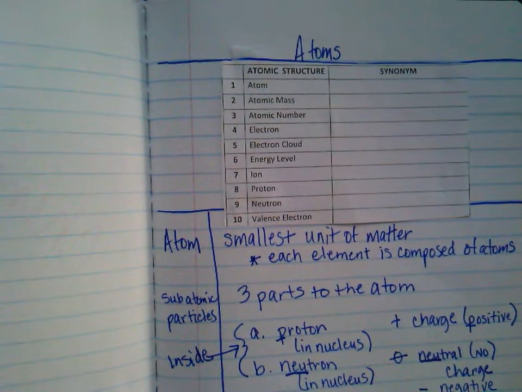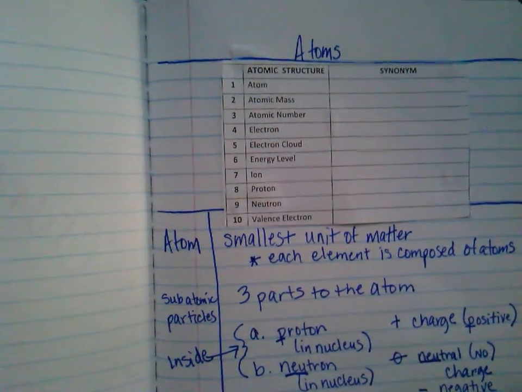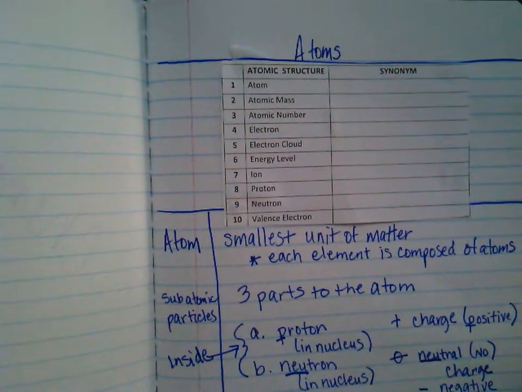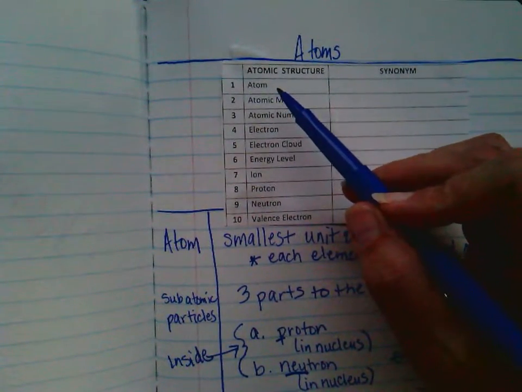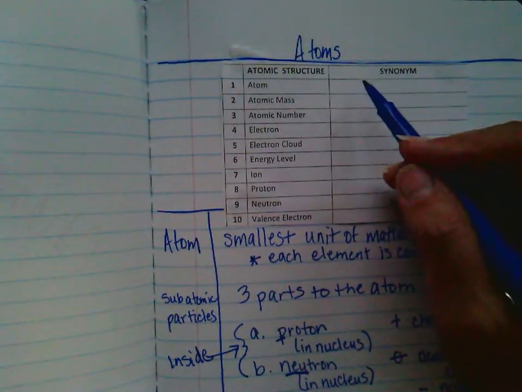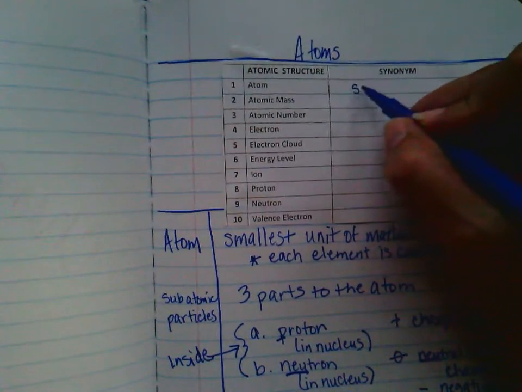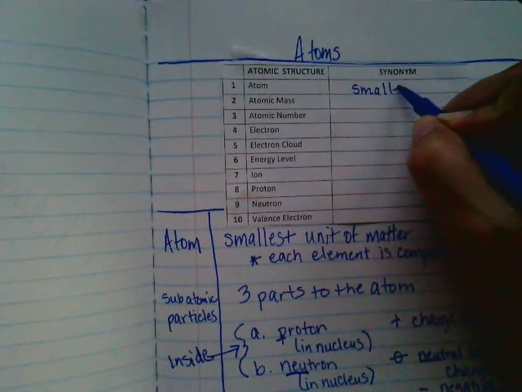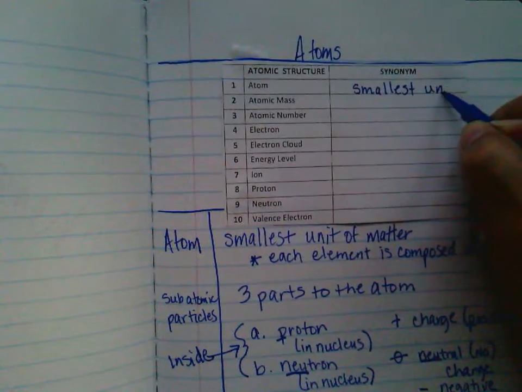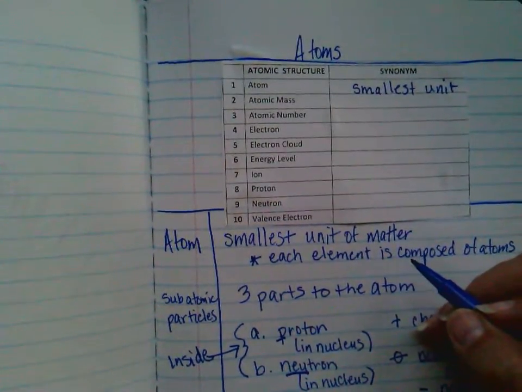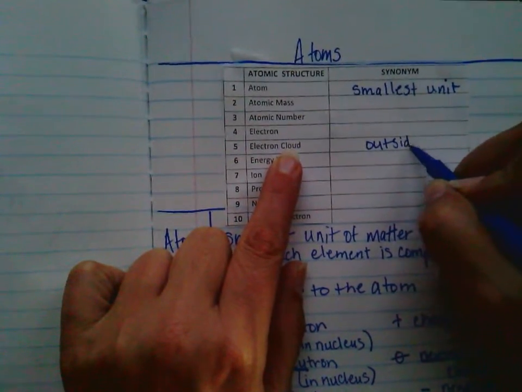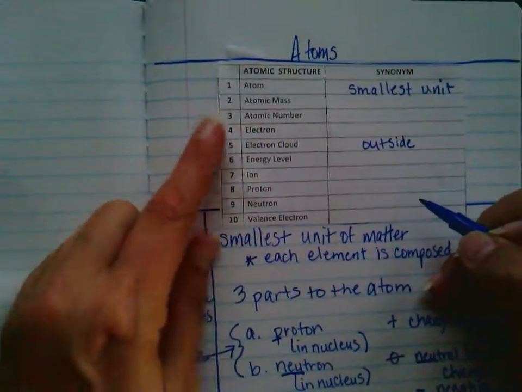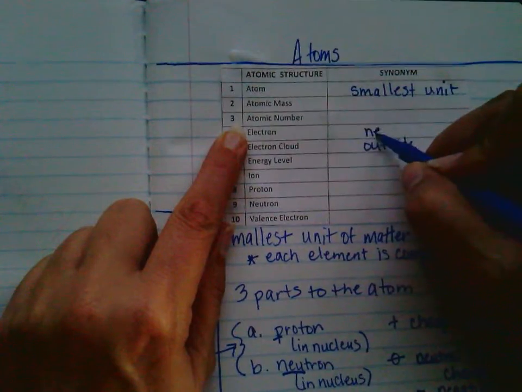All right, now, this is called a synonym chart. And a synonym chart is how you're going to help yourself remember what each word means. So, for example, we've already done the vocabulary word atom. And so a synonym for atom would be smallest unit. Okay? The electron cloud would be the outside. The electron would be negative.